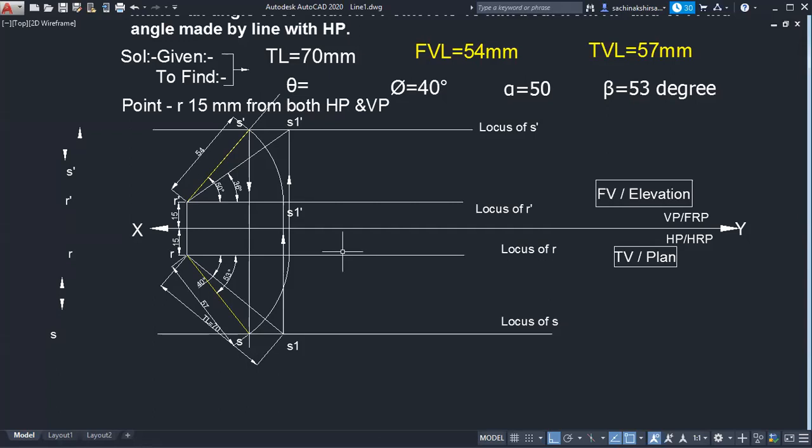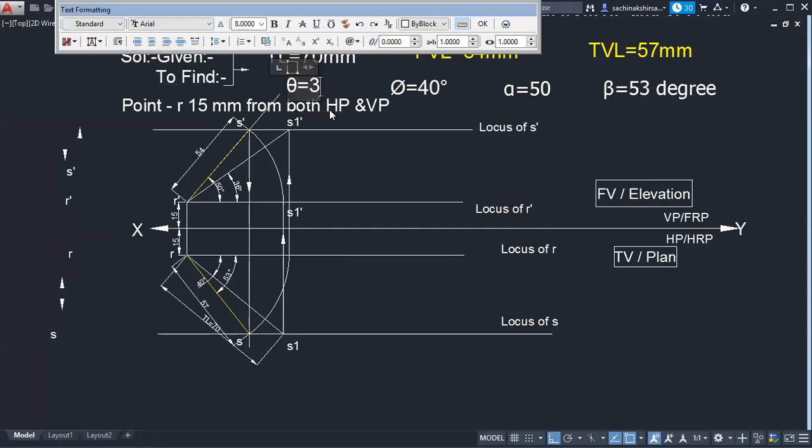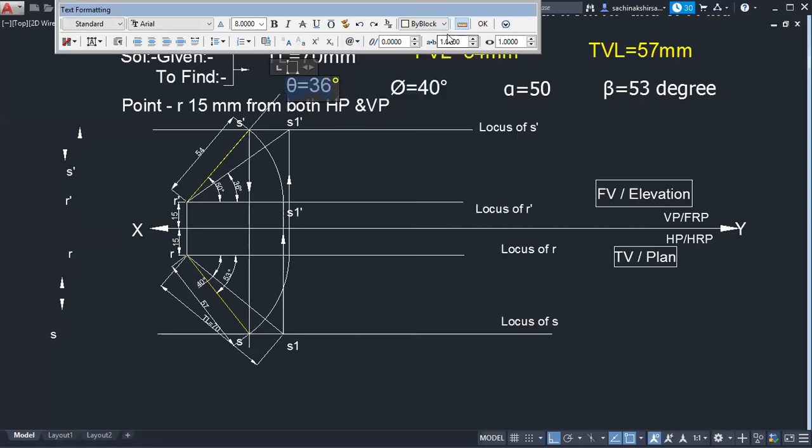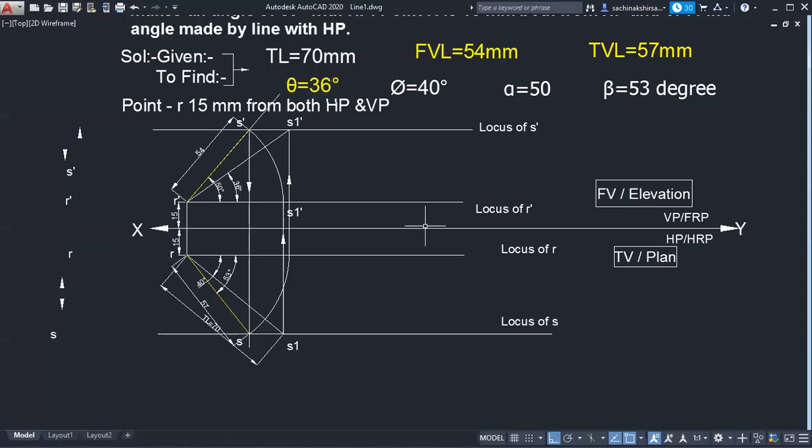No issue, if at all you get 35, no issue. Accurately that angle is 36. So this angle is 36, and this is our one answer. Any problem?